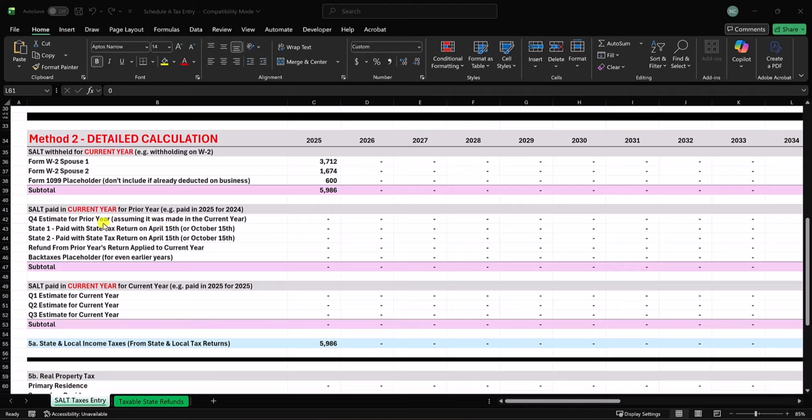Let's say that your state follows the federal schedule for when estimates are due. In that case, the Q4 estimated state tax payment would be due on January 15th of the subsequent year.